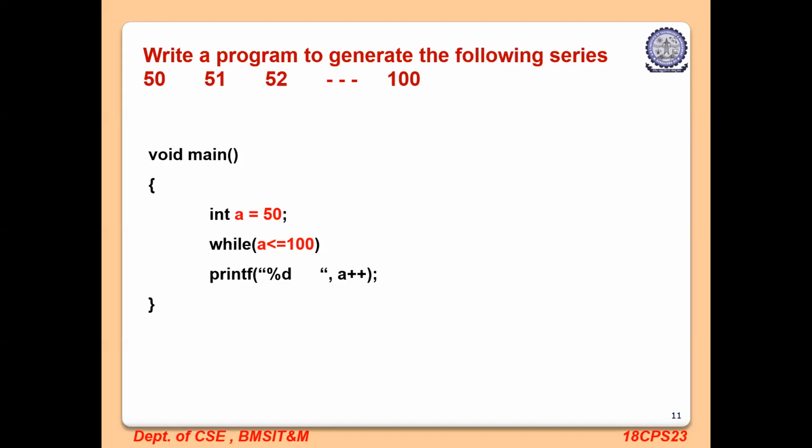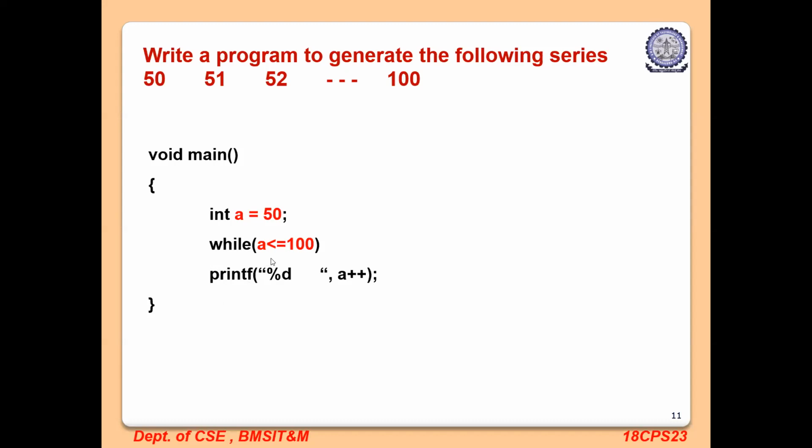Here we have a while loop. In this program, we are not able to see the flower brackets. We don't use flower brackets because there is only one statement as the body of your while loop. It's called a simple statement. So you need not embed this statement within flower brackets.